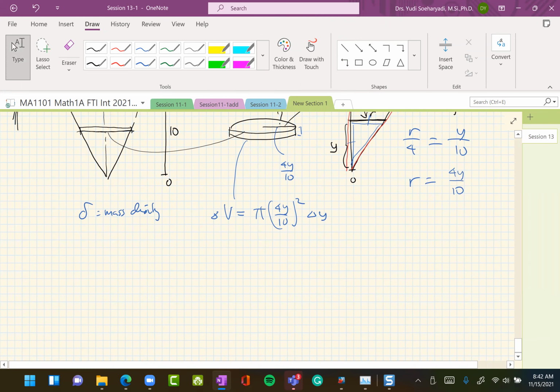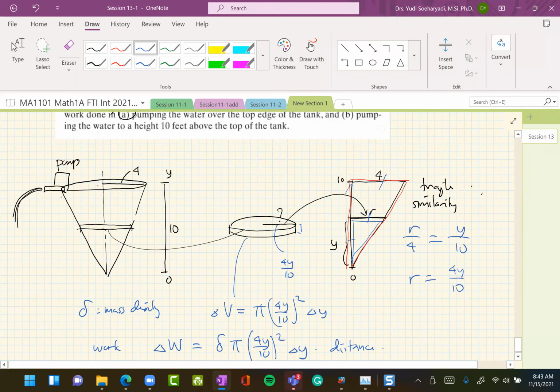So the work, not the whole, is this part: delta times its volume, times the distance traveled by this layer to go out.